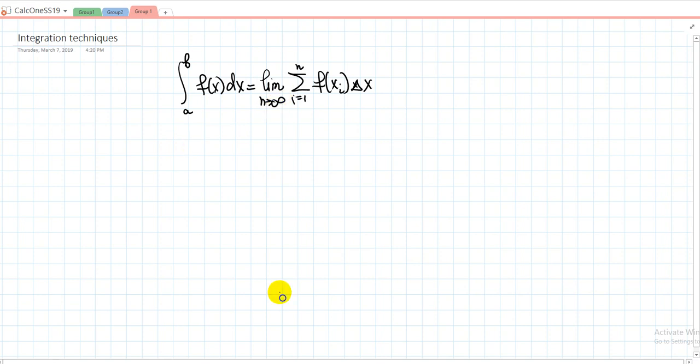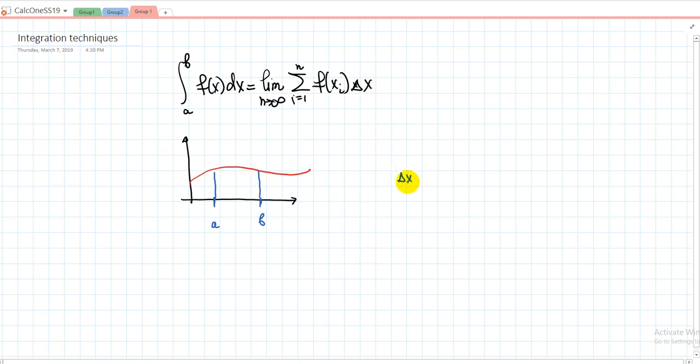So basically, if we would like to evaluate the area under the curve in the interval between a and b, we have to divide this interval between a and b into n small subintervals, right? Do you remember this? So that was the width, which is delta x, which is b minus a, divided by n, right?